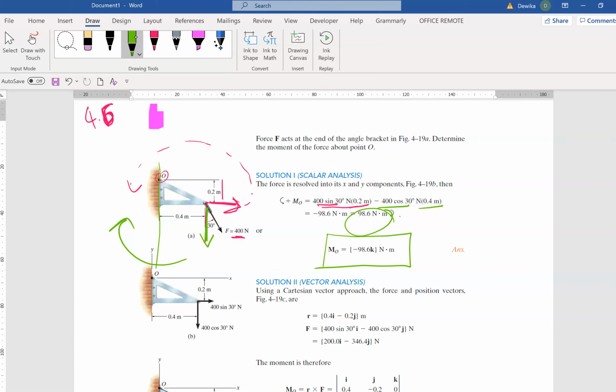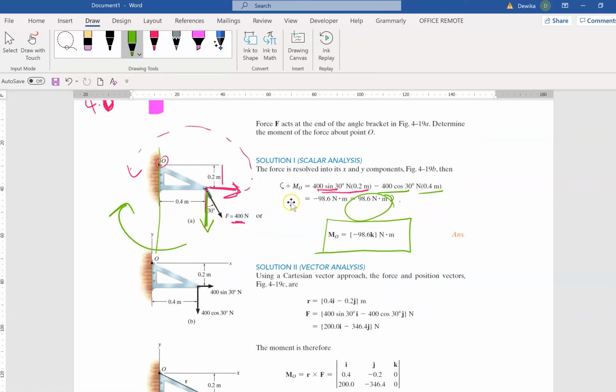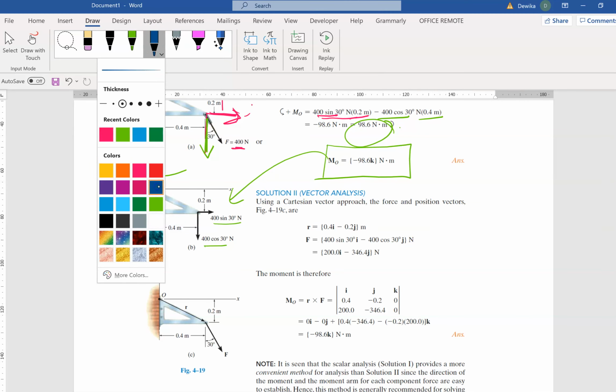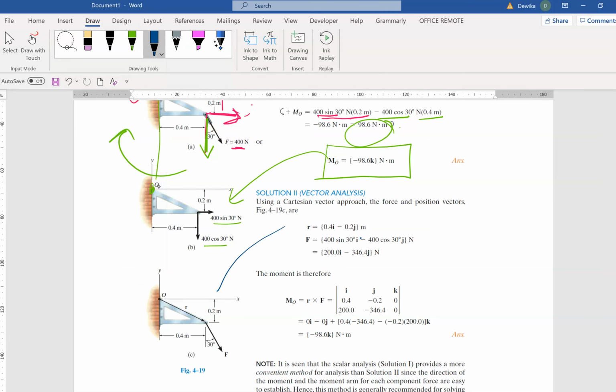Now let's solve the same question using the vector analysis. I'm going to move further down. The same question. We have 2 components, which are the 400 cos and 400 sine. Now, what is the distance of O to this? Earlier was the scalar working, now we are looking at this drawing.